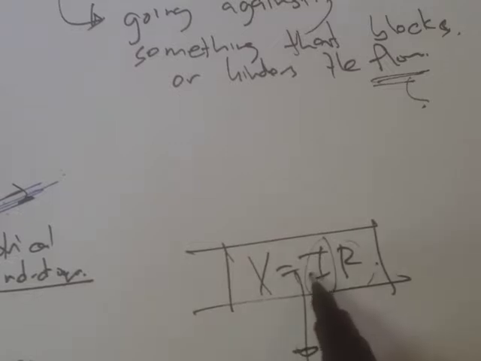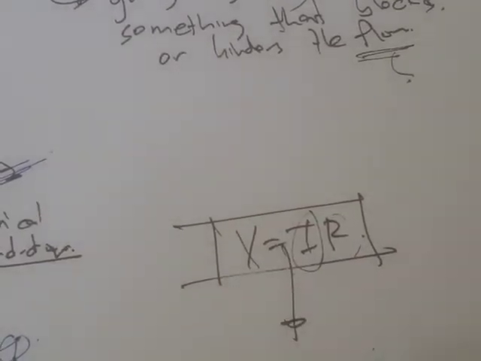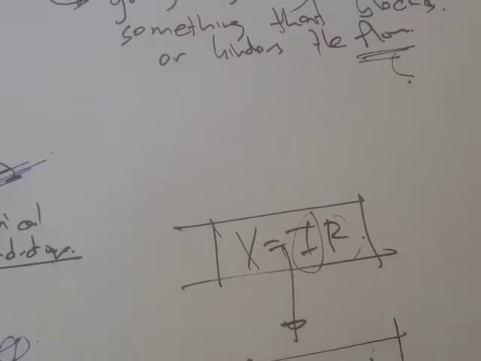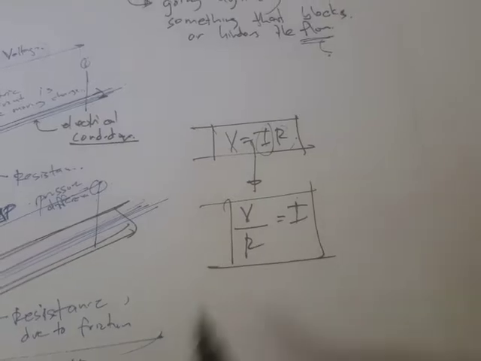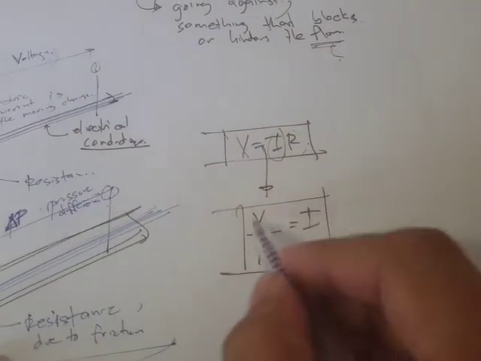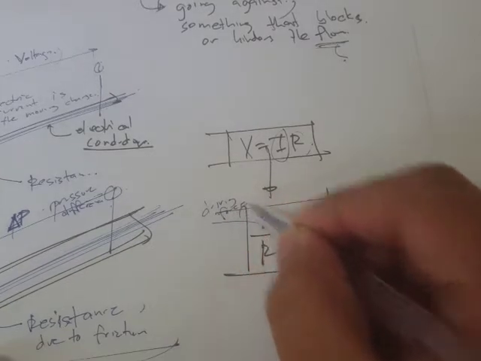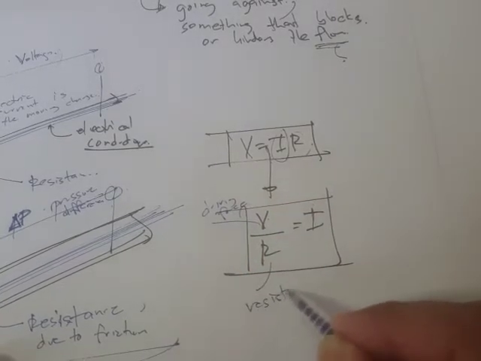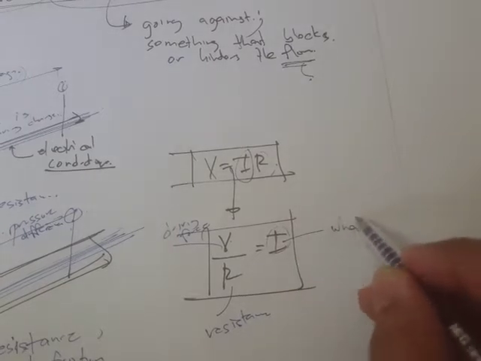Now, if I want to rewrite this, we can rewrite it as V over R is equal to I, right? So here's our form: this is our driving force, here's our resistance, and here's what's flowing.